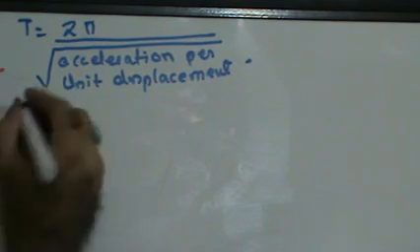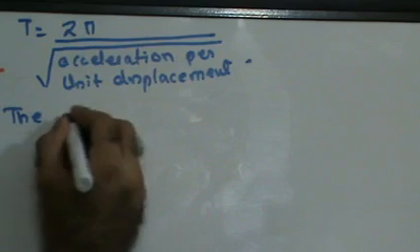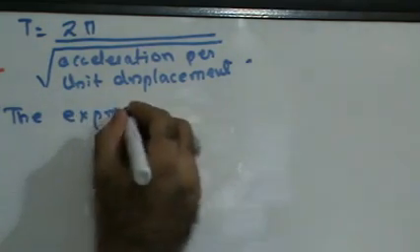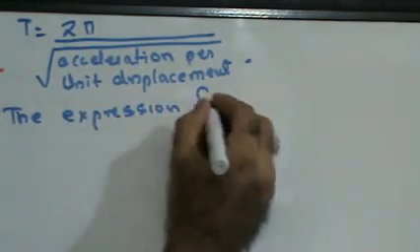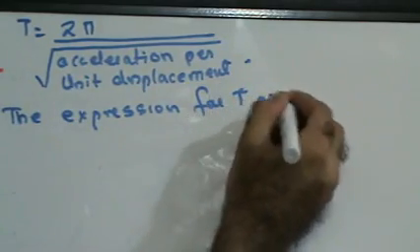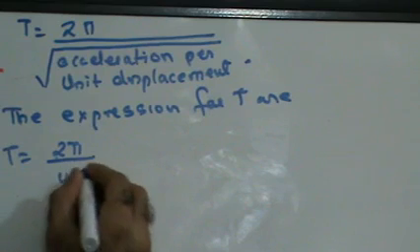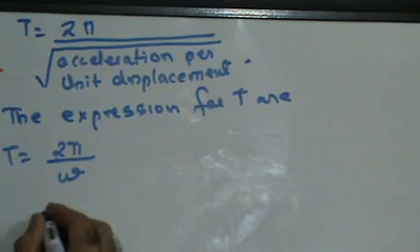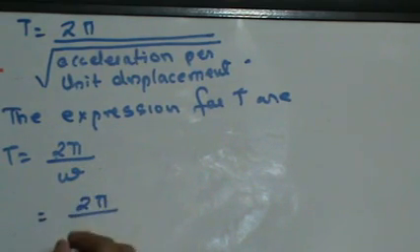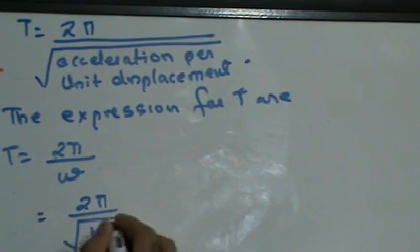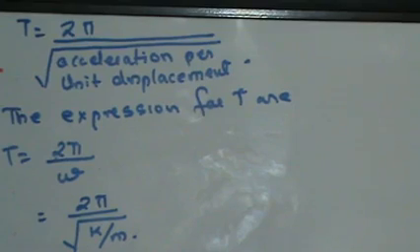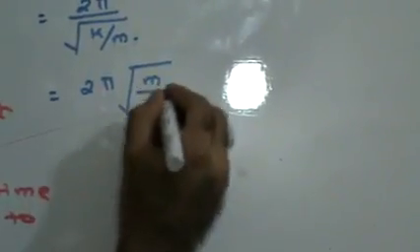Hence I can say that the expressions for T are: T is equal to 2 pi by omega. T is also equal to 2 pi upon root of k by m. T is also equal to 2 pi root of m upon k.